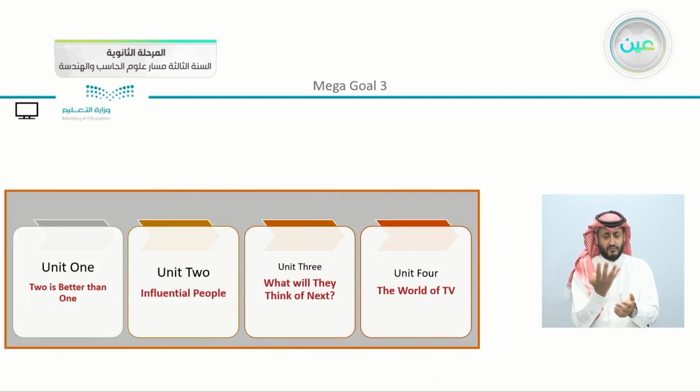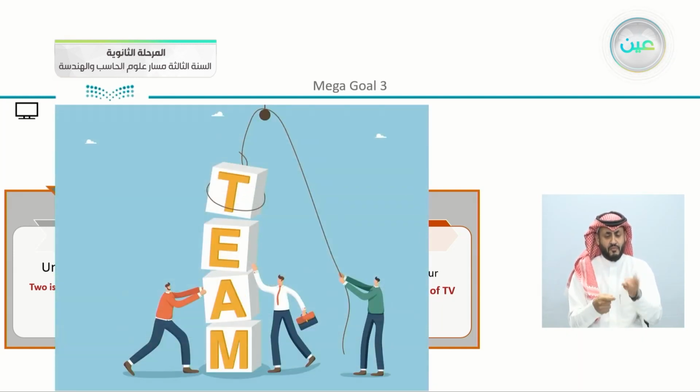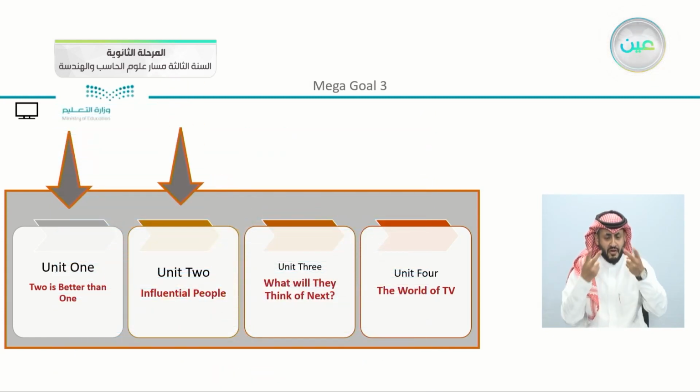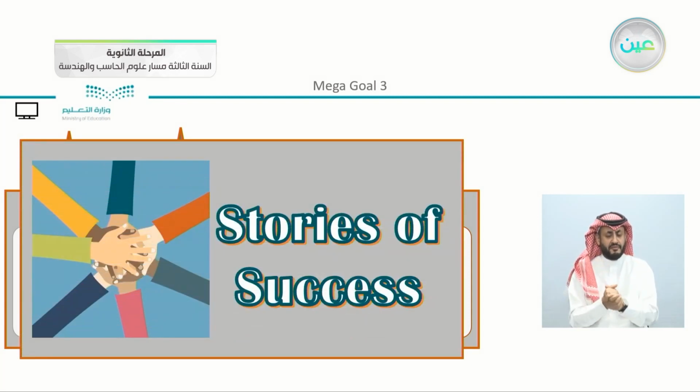Now, first of all, we have our units. You can see that we have unit 1, in which we talked about teamwork. We had our second unit, unit 2, influential people, in which we talked about different accomplishments and stories of success.